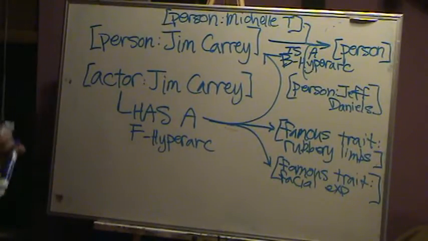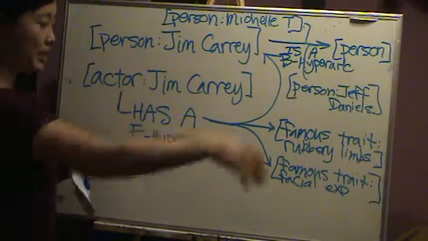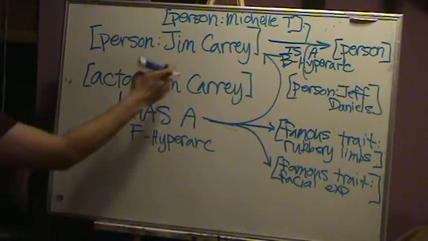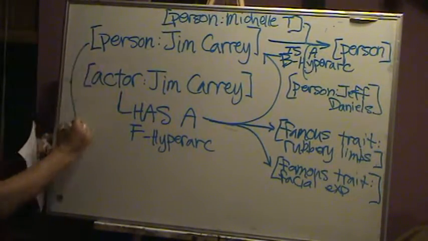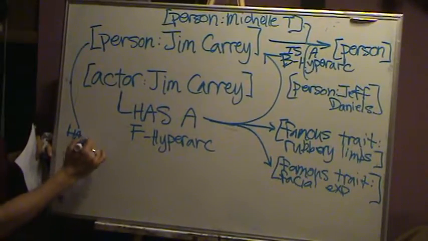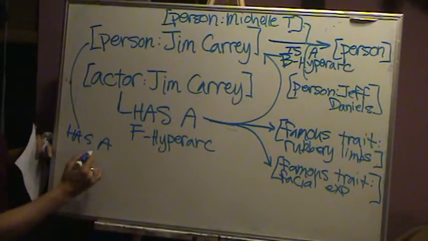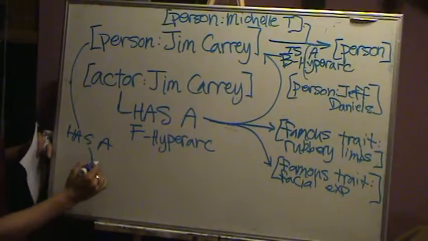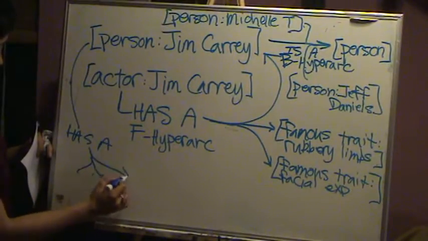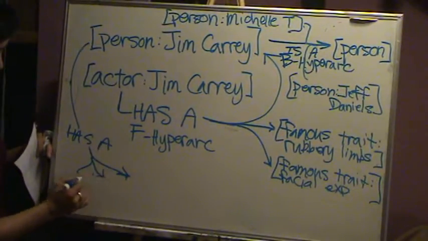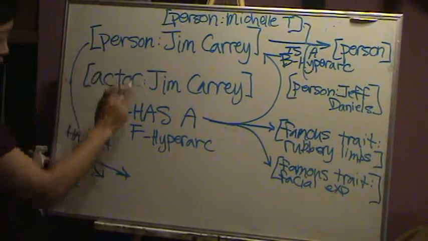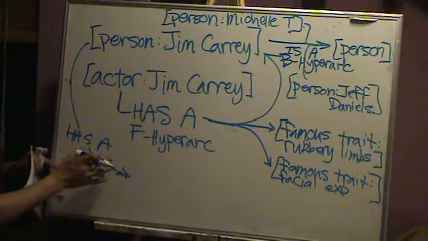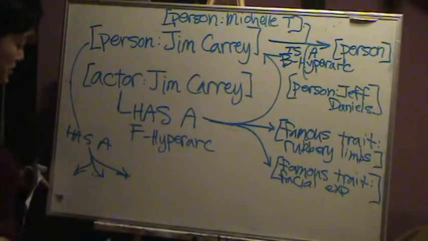Alright, so you can imagine this can quickly get huge, because we can say person Jim Carrey has a property, and of course he can have multiple properties because it's an F hyperarc. And really they're all the properties that any person can have.